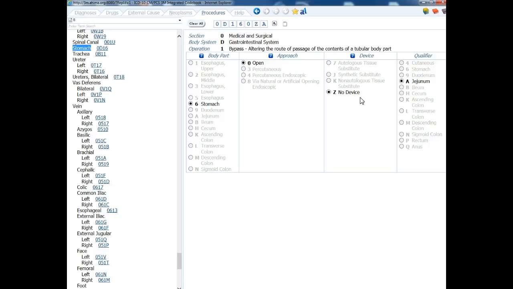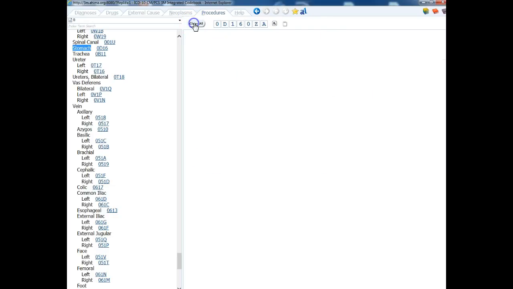Now, we're going to talk about coronary arteries. And coronary arteries are classified by the number of distinct sites that are treated rather than the number of coronary arteries.